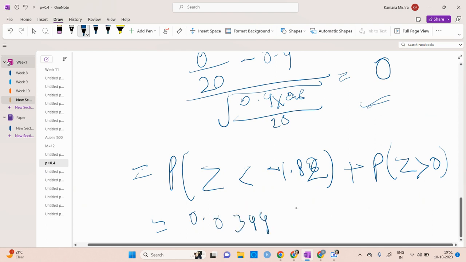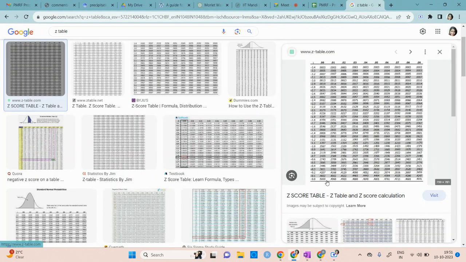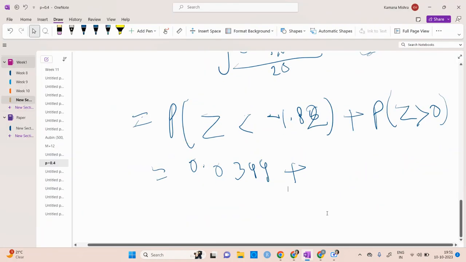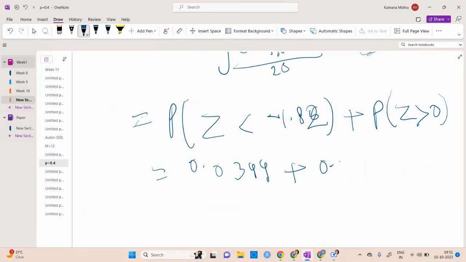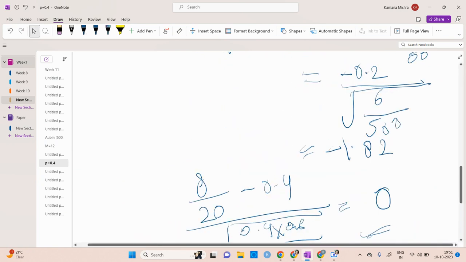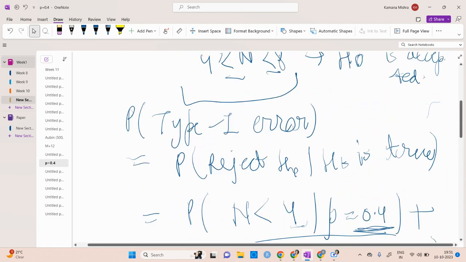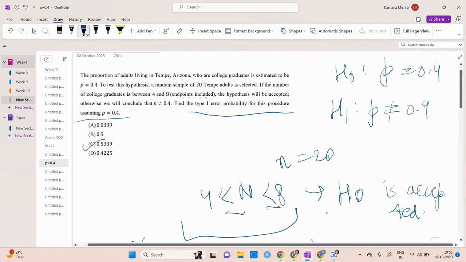And z greater than 0, it's 0.5. So it will be 0.5344. So this one is the closest one.